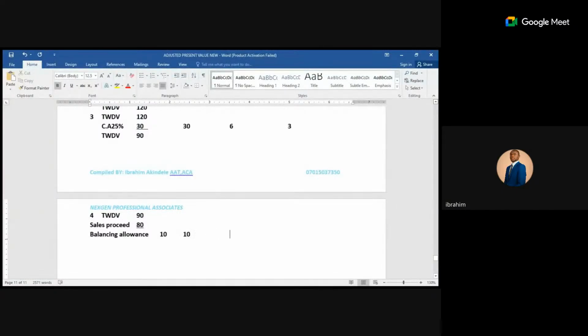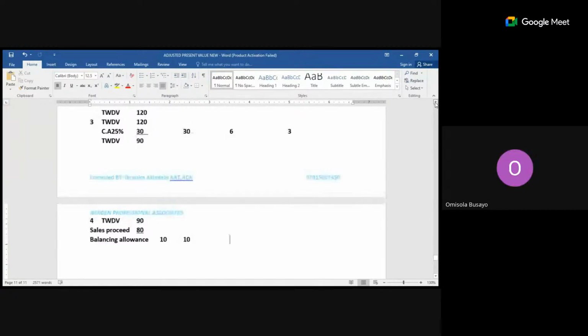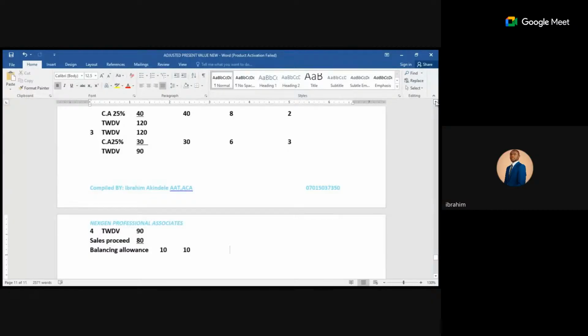Now that we have the new Finance Act, we don't have initial allowance. What you have now is annual. So what is the 20%? 2. You have 2. It will be paid in year 4.